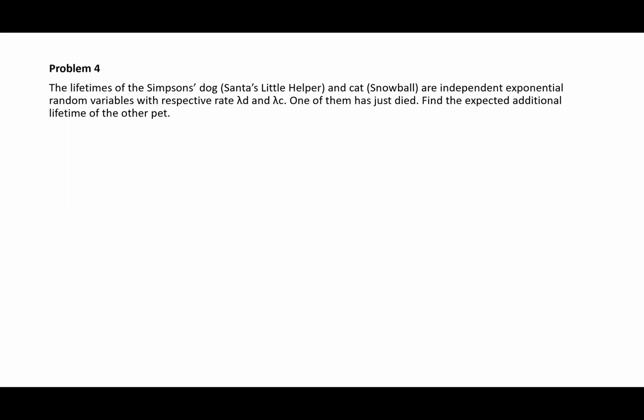I'm going to say D represents the dog, and let D equal the lifetime of the dog, Santa's Little Helper, and let C equal the lifetime of the cat, Snowball.